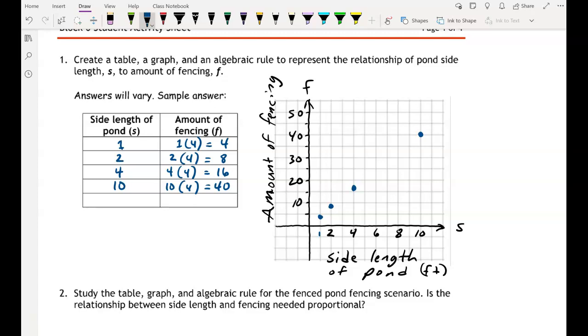Okay. Now, we look here, we can see that if we were to connect all of these dots in our graph, it is a straight line, so it is linear.